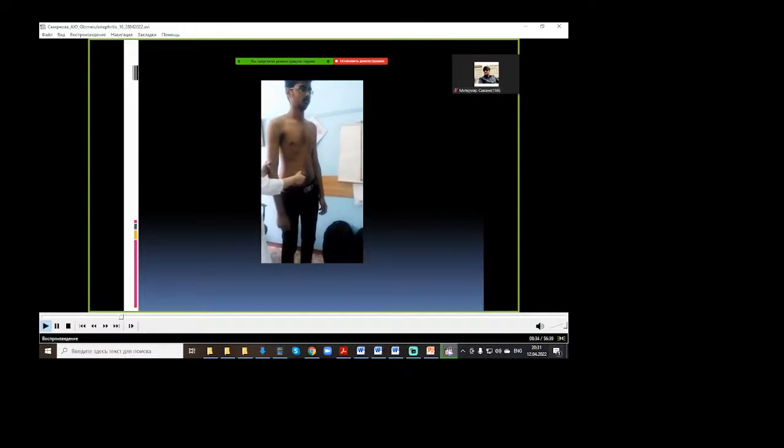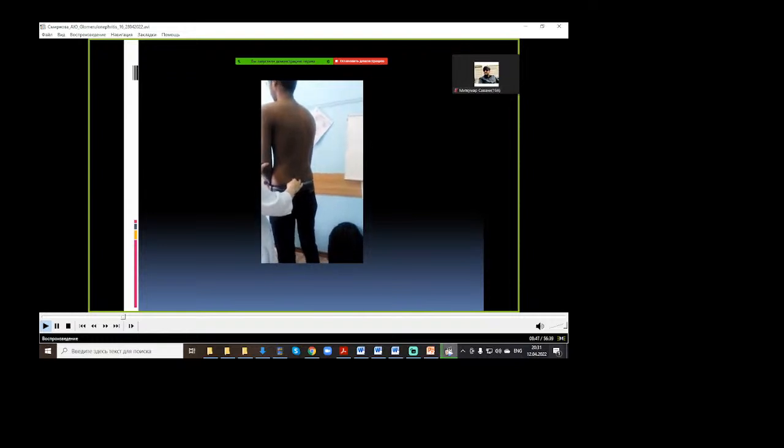What about abdominal wall? We must pinch the skin fold, also count to 10 and then see the traces. In this case, traces are absent, it means no edema. Sacrum: we press tissues to the bone, to the sacrum, and count to 10 from one side and another side.